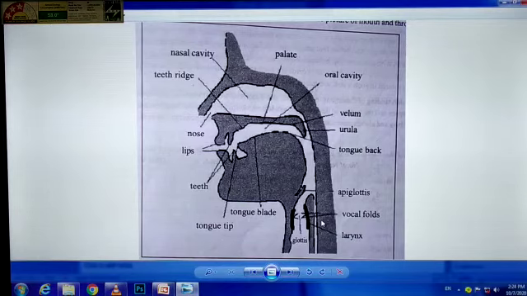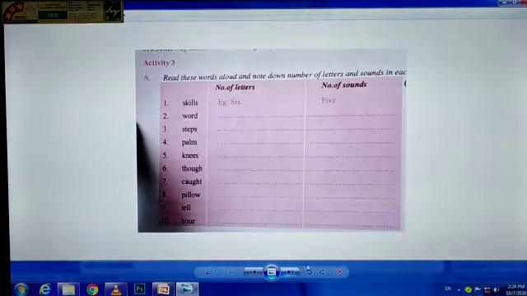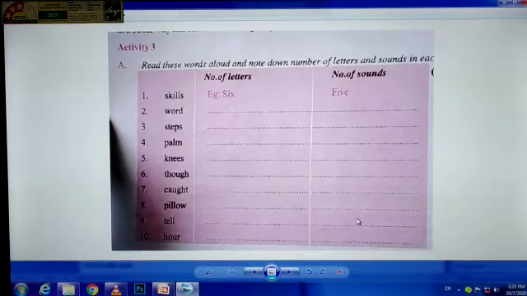Then here in page number 4, you just go through, we have activity 3 wherein we have a group of words. Just go through, read these words aloud and note down the number of letters and sounds in each word. Number of letters and number of sounds. See here, skills.